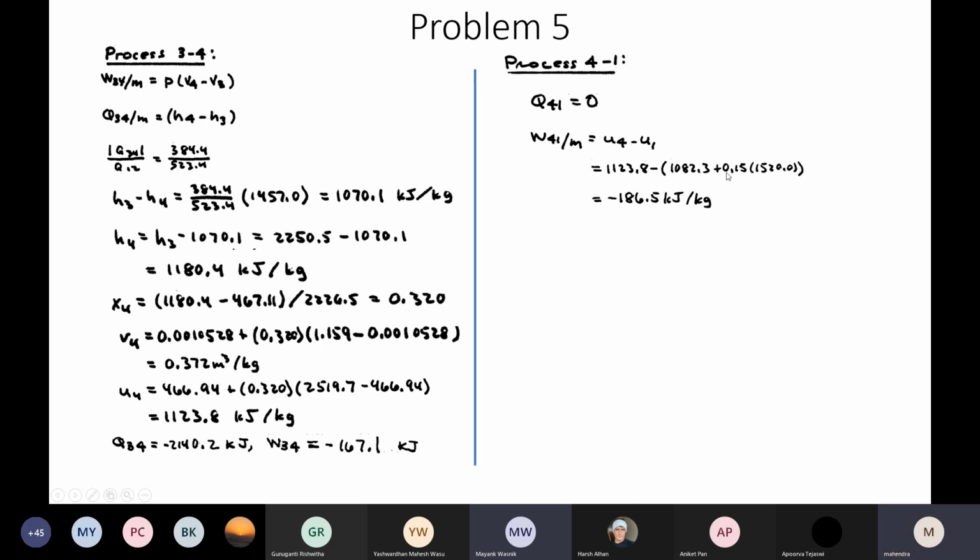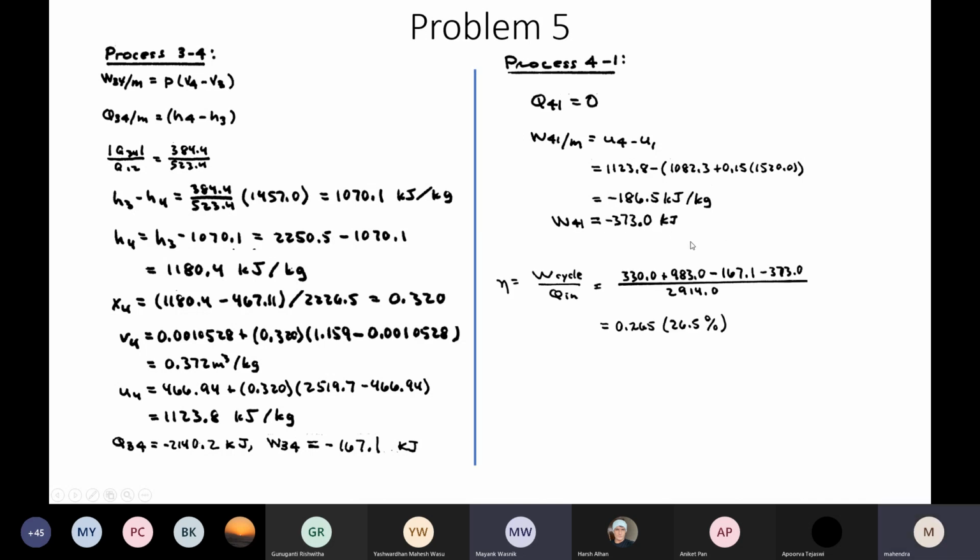Dryness fraction is already given in our problem itself, 15%. So with that we have calculated. This is your work. The efficiency is like summation of total work by heat input. Heat input is happening in case of process 1-2. At the beginning only we have calculated this. And whatever work output is there in process 3-4, all those works we have added. That way we have obtained this particular efficiency.